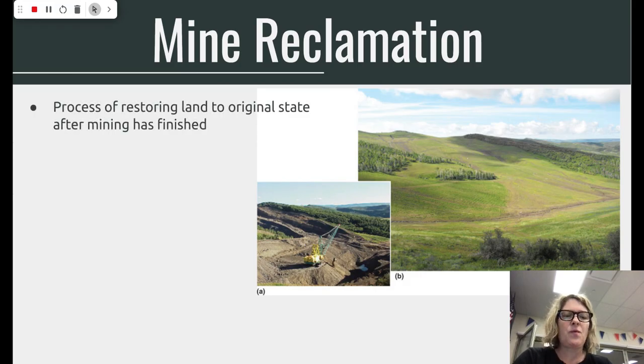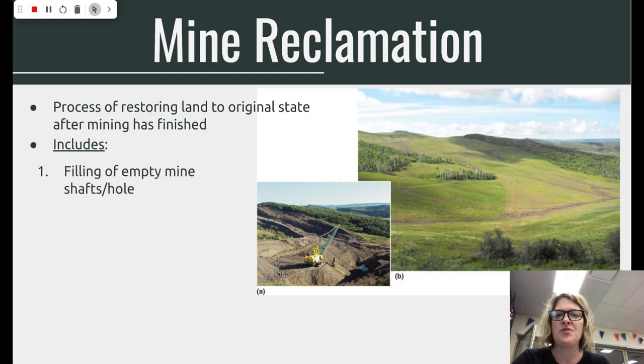So, one thing that is required of all mines now is that you have to reclaim the land. Mine reclamation is the process of restoring land to its original state after the mining is finished. This includes filling the empty mine shafts and the hole that you've dug into the earth, and then restoring the original contour of the land.